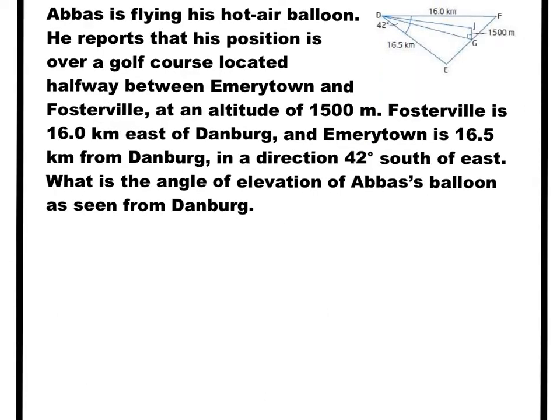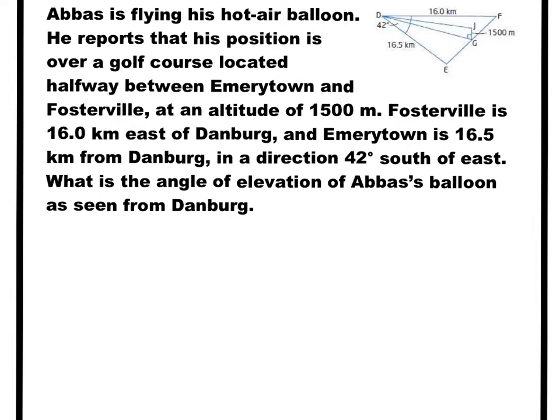In the next example, we have a boss who is flying his hot air balloon. He reports that his position is over a golf course located halfway between Emerytown and Fosterville at an altitude of 1500 meters.